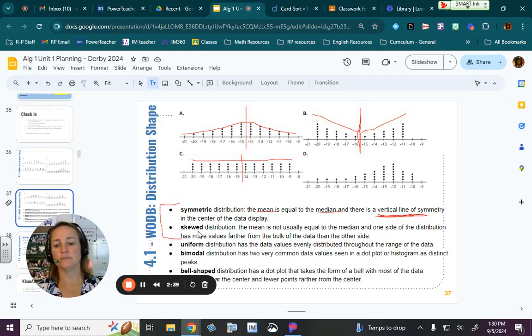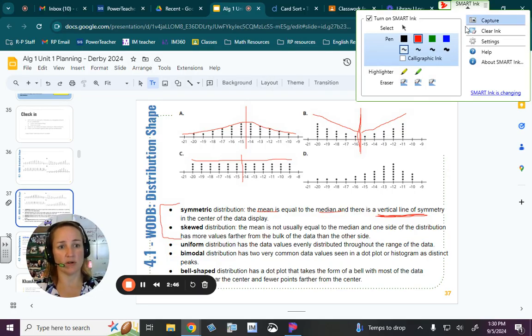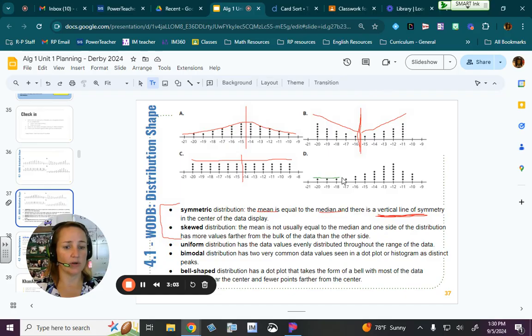Now we can also have a skewed distribution, and it's important to know that all of these can be from a dot plot or from a histogram or from a box plot. If we have something that's skewed, it means that our middle point, like if I counted all of these dots here in part D, this one is skewed. You see how it's got this kind of low part here to begin with, and then all of a sudden it peaks, and it's got a whole bunch of data over here, and then it's got this kind of tail over this direction.